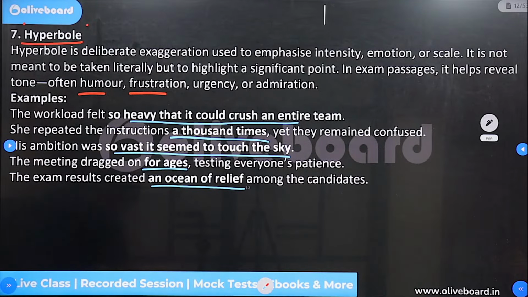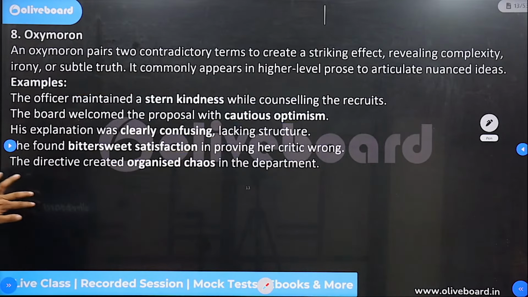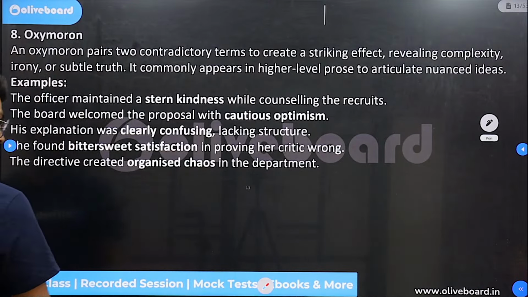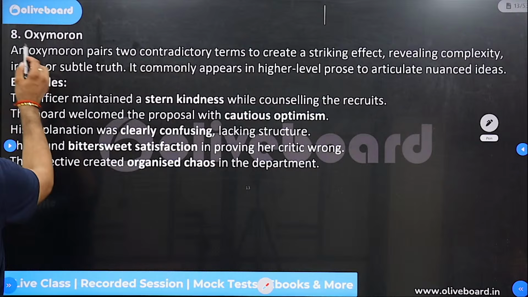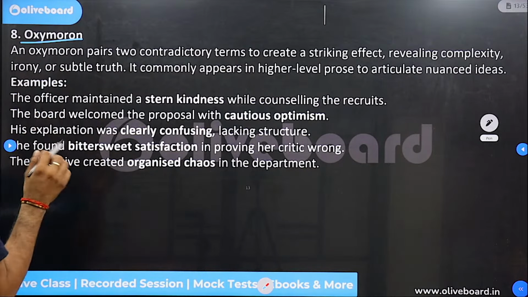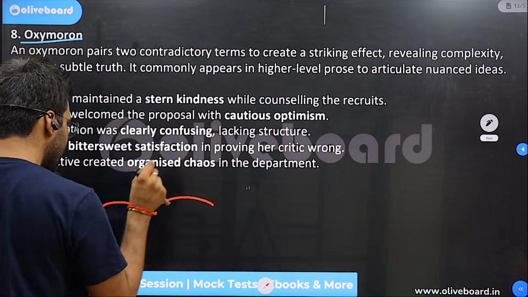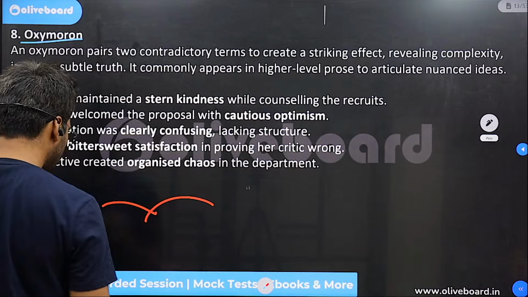Okay, next. Oxymoron. I have taught this. I do mention this a number of times in the classes. Primary auxiliaries, if you remember. Oxymoron is an expression where we put two opposite things together for better effect.